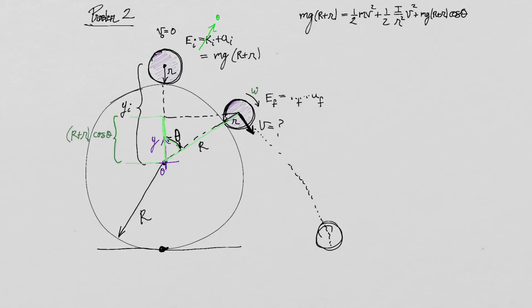I notice on the left-hand side here I've got an mg little r plus big R, and I've got almost the same thing here, so I'll bring that term on the right over to the left, factor out the obvious piece, and I think you can see that what I'm left with is mg times big R plus little r times 1 minus cos theta. And on the right hand side I factor out a 1/2, then I get m, I over r squared, and I for a sphere is 2/5 m.